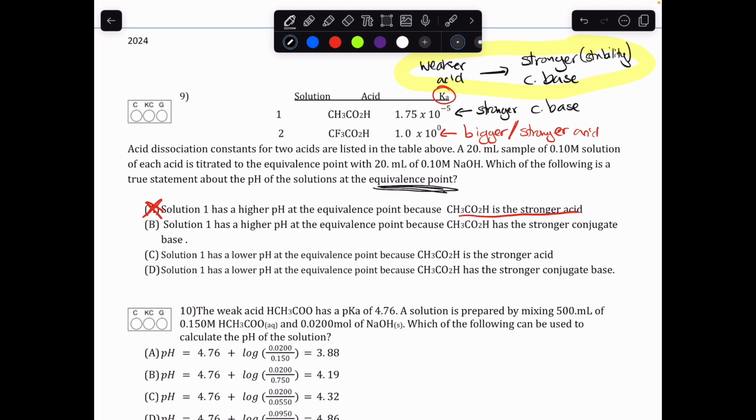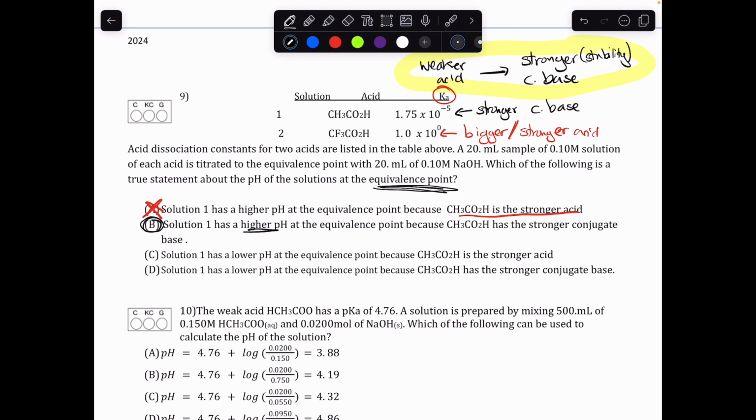So this one is true in that it's going to have a stronger conjugate base. And so if the base is stronger, bases make pHs go higher. And so the answer is B.